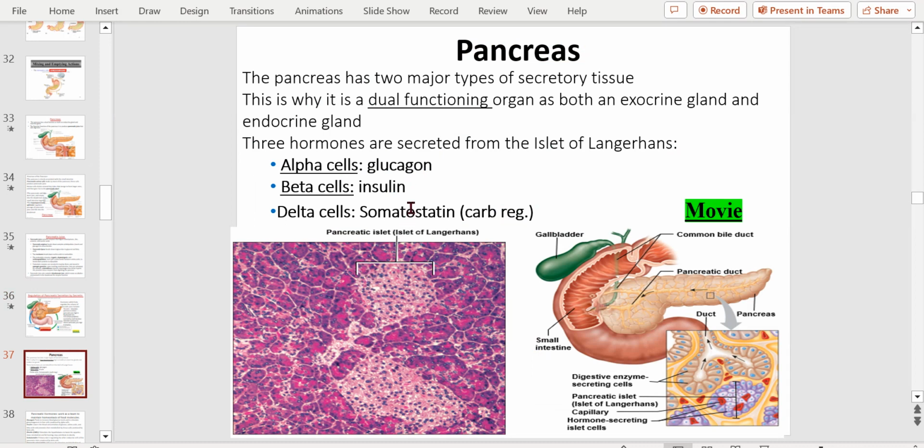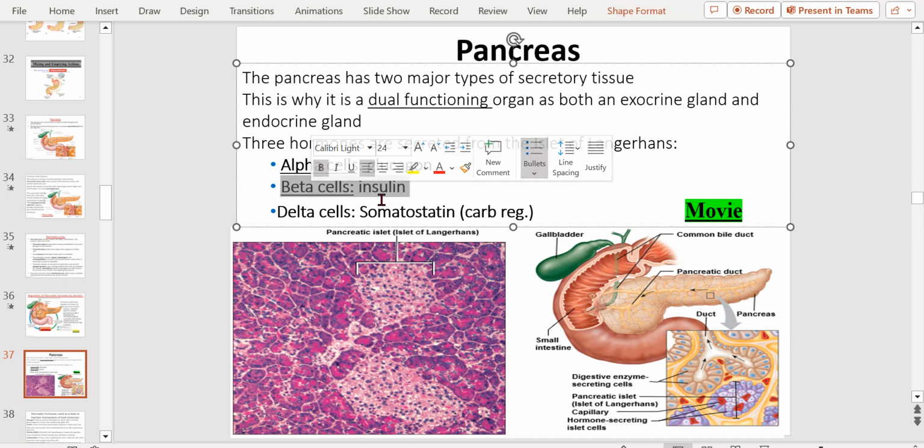The pancreas has two major kinds of secretory cells. That is why it's a dual functioning organ. They're exocrine and endocrine. There are three important hormones secreted by the islets of Langerhans, and these are specialized cells that produce these hormones. Great movie. Now we'll get into a little bit of diabetes. You'll see that alpha cells produce glucagon, which is involved with sugar.